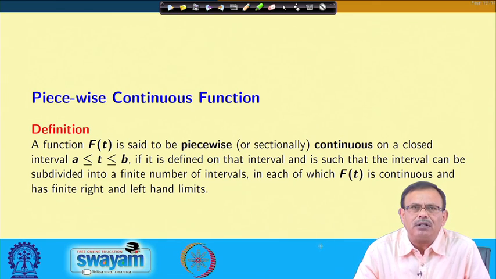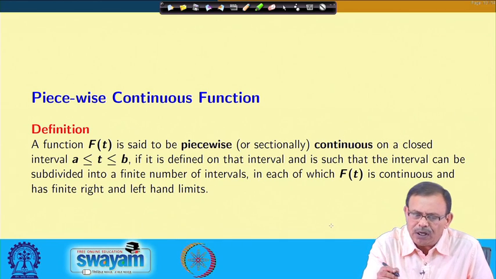The meaning is that the function is defined in an interval a to b. The function may be continuous throughout a to b, or it may be piecewise continuous. That means if the entire domain is subdivided into n subdomains and in each the function f(t) is continuous, then we call f(t) a piecewise continuous function.